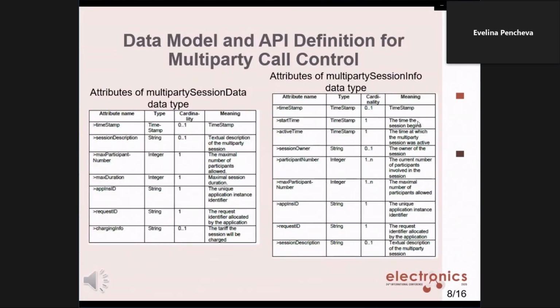To initiate a new multi-party multimedia session, a mobile edge application sends a post request to the multi-party session resource. It provides the session description, maximal number of session participants, maximal session duration, and application and request identifiers. The information about an existing multi-party session includes session start time, active time, the session order, and participant number.